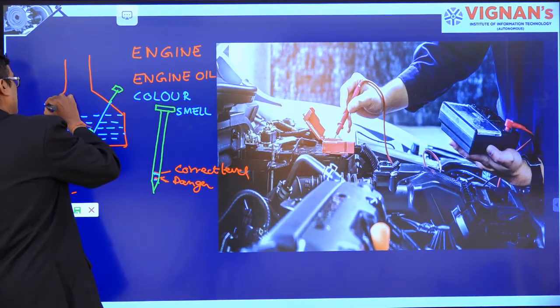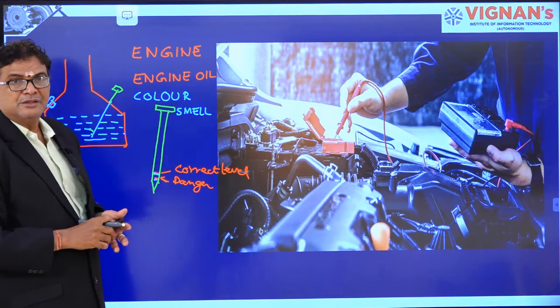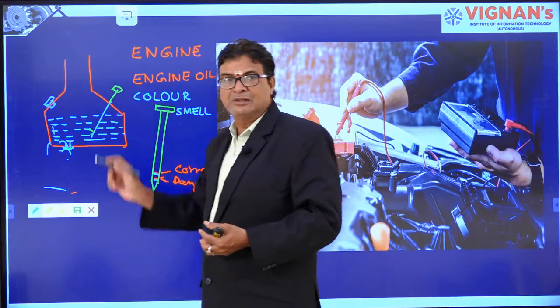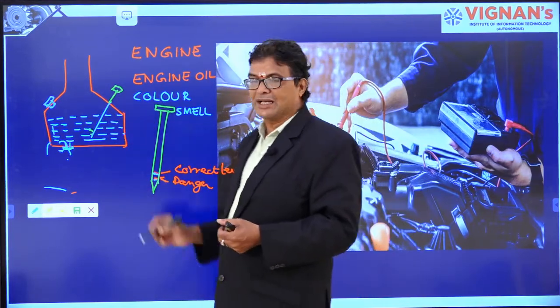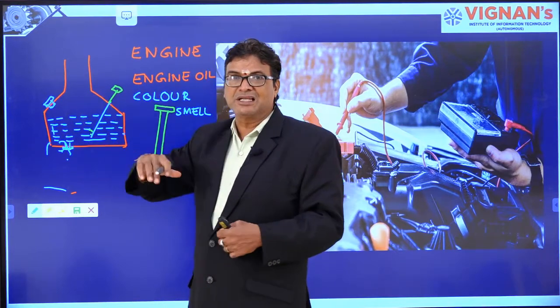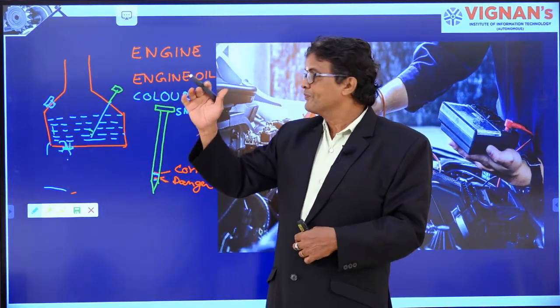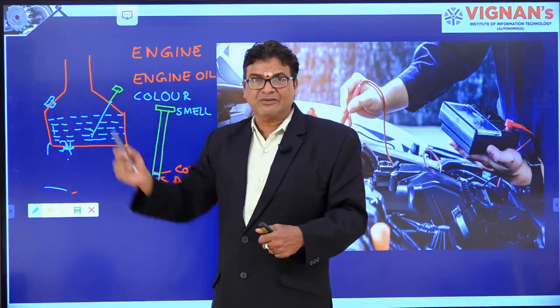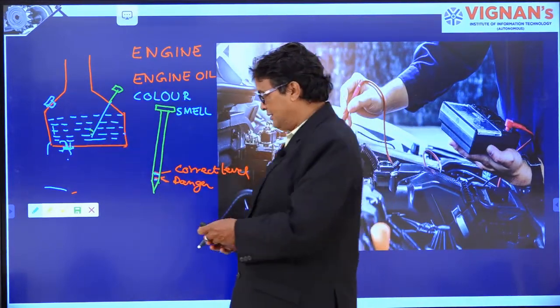Here is another screw. The screw is opened, and through this opening the oil is inserted into the crankcase. The level of fluid for a particular engine is already defined, so the technician has to fill the crankcase only up to that volume of lubricating oil.